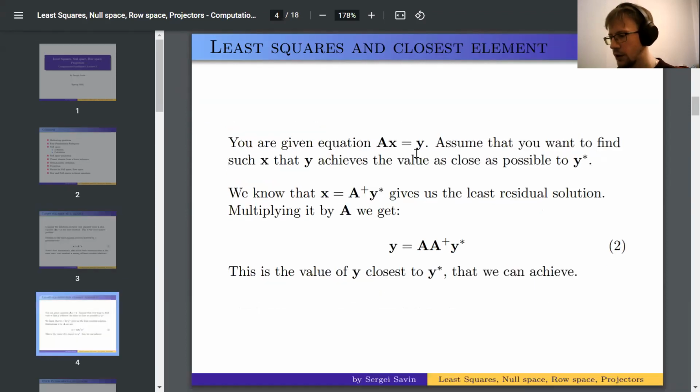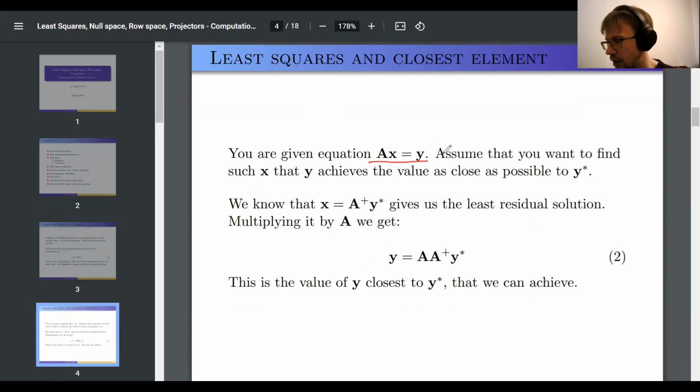So now assume that you have this equation again, and you want to find such x that y becomes as close to y star, y desired, as possible. Sounds like a valid problem.